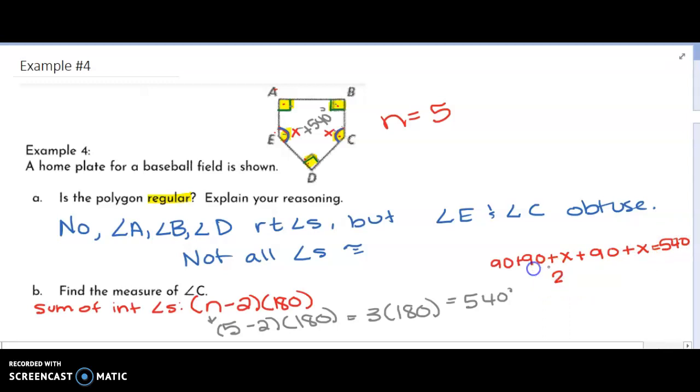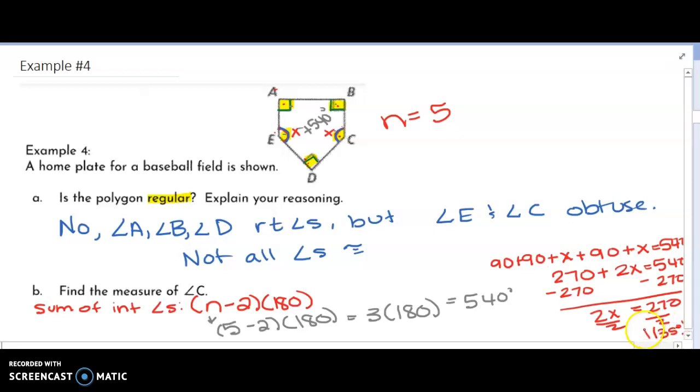So that's 90 plus 90 plus 90 is 270, plus 2X, equals 540. Minus 270, minus 270, I get 2X equals 270. Divide both sides by 2, I get 135 degrees. So that should be your answer.